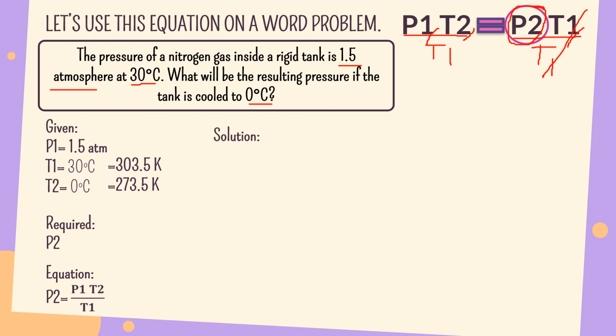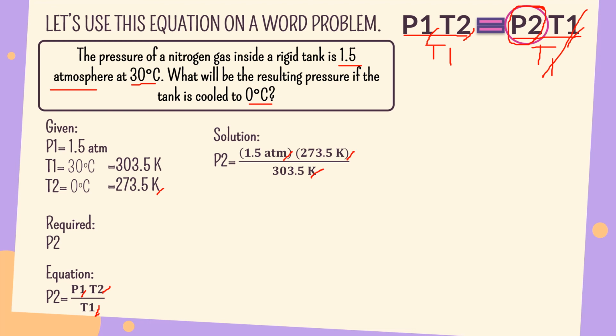Now let's put in the amounts: initial pressure 1.5 atmosphere, final temperature 273.5 Kelvin, and initial temperature 303.5 Kelvin.